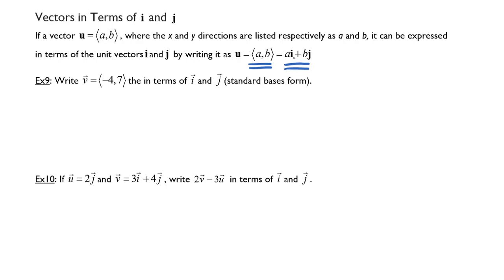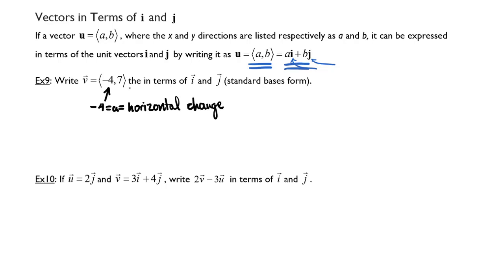Now you have to keep in mind that i and j are unit vectors, so they're only 1 unit long, which means when you scale them by an a or a b, it's going to scale them horizontally and vertically, respectively. So let's write the vector v with components -4, 7 in terms of i and j. The -4 is my a value. We could also say the horizontal movement or horizontal change.